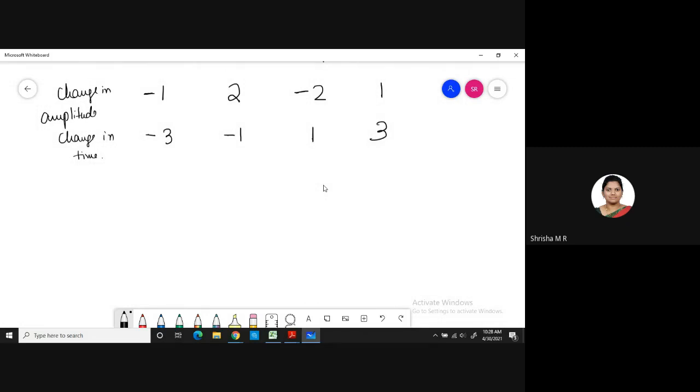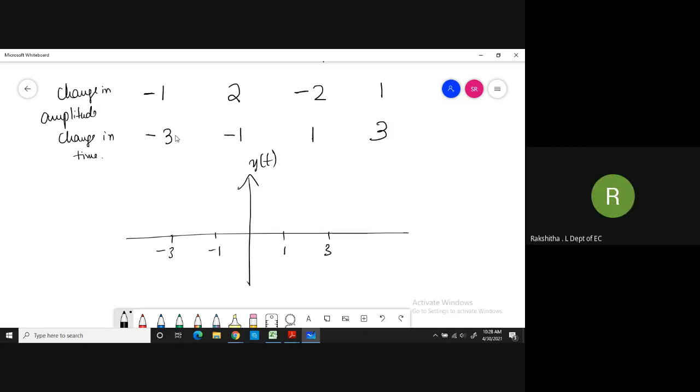So you take this y of t, and we have time instants at -3, -1, 1 and 3. That means from -3 to 3 we have time instants. What is the amplitude at -3? It is -1.